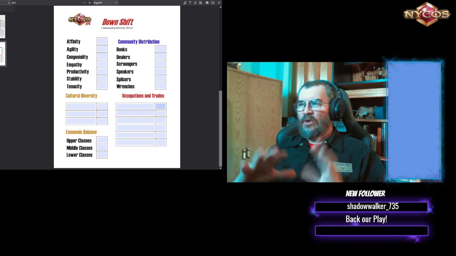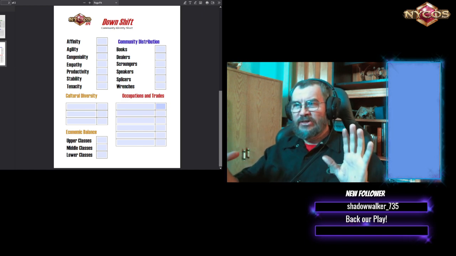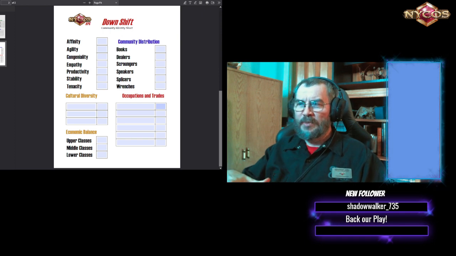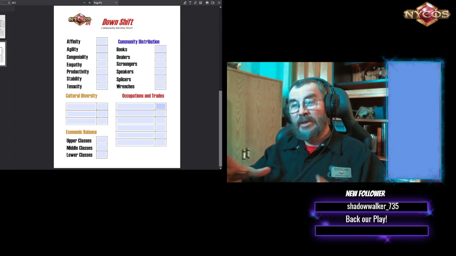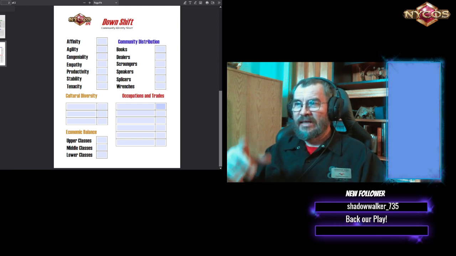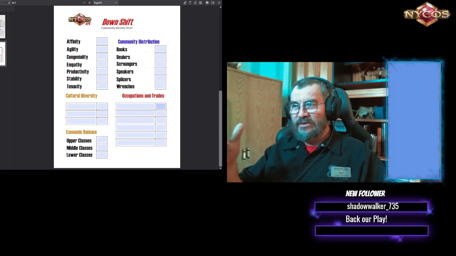Alrighty. So NycosRPG, as I mentioned, is a simple to play, easy to pick up RPG mechanism. We're not going to be playing actually with the rules of Nykos, but we will be working with the numbering mechanism that's used. And we're going to be filling out this sheet with numbers for the most part.